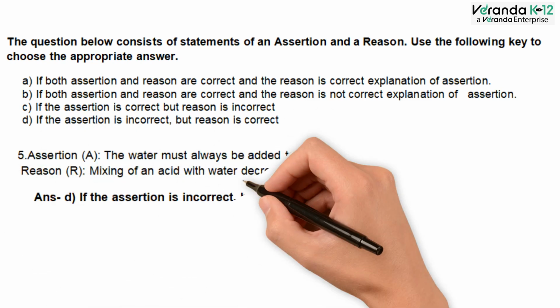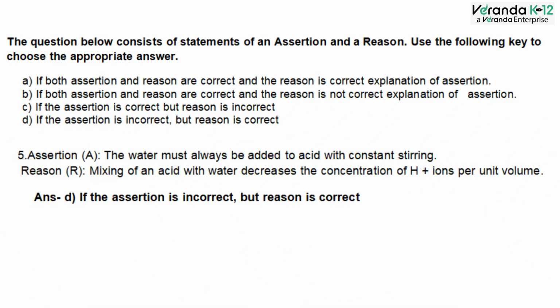Question number 5. Assertion reason. Assertion. Water must always be added to acid with constant stirring. So the assertion is wrong because we know if water is added to concentrated acid, the heat generated may cause the mixture to splash out and cause burns. So acid must always be added to water, not water to acid.